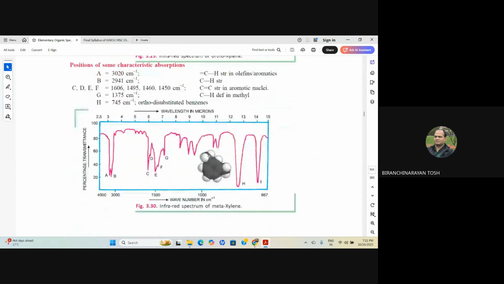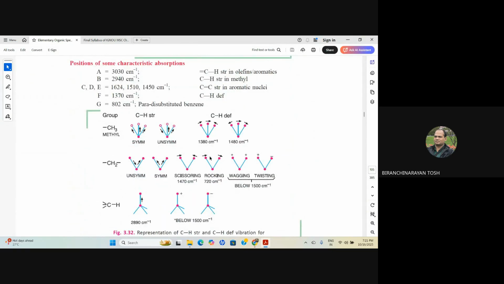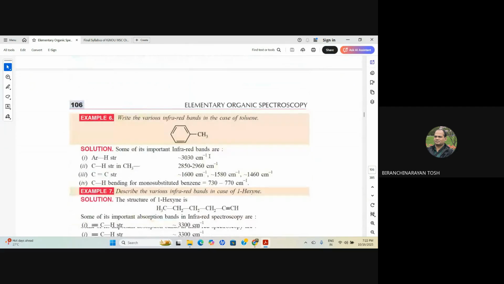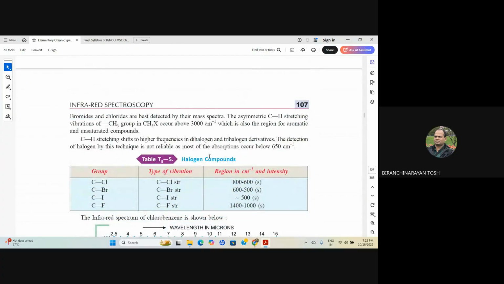Okay, halogen compounds. The carbon-halogen bonds, C-Cl, C-Br, carbon-iodine, carbon-fluorine, the stretching vibration will occur around 800 to 600 or 500.